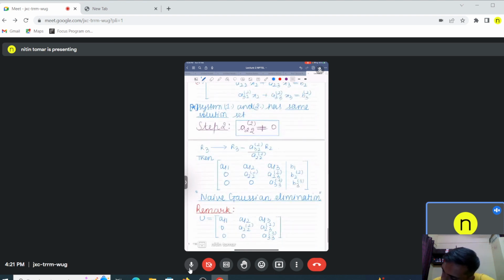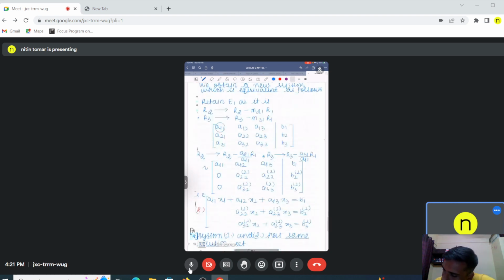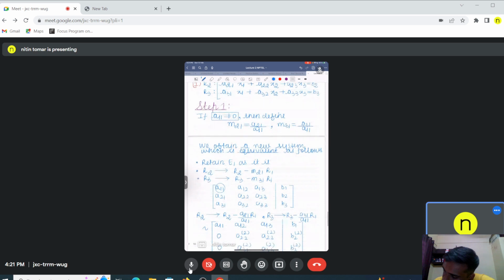And you know this coefficient we assume M32. We have two more coefficients above also, right? You remember those two coefficients here?